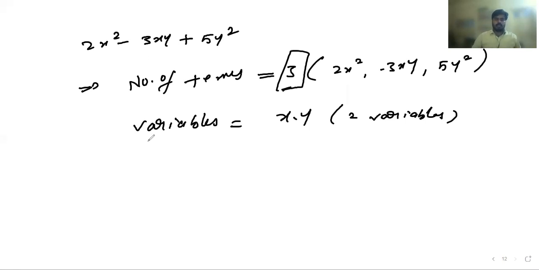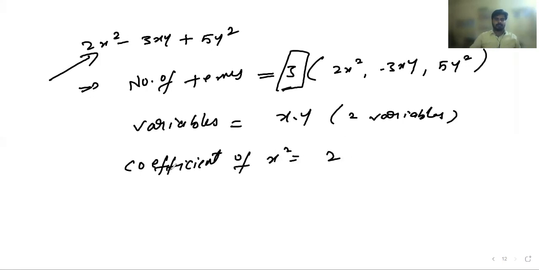So what is the coefficient of x square? That is 2 in the first term. Then the coefficient of xy is minus 3. Generally, individually we see literal coefficients, but for an algebraic expression in a combination of terms, we see only numerical coefficients.